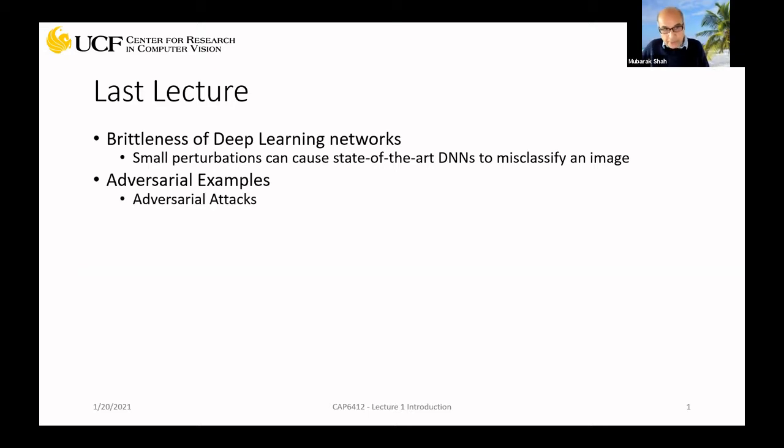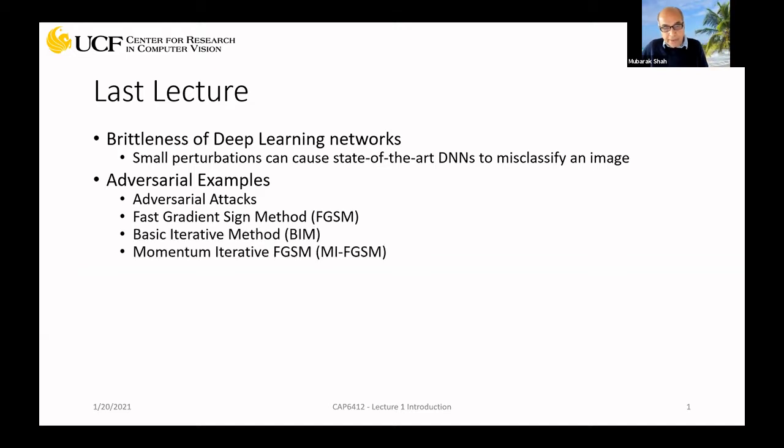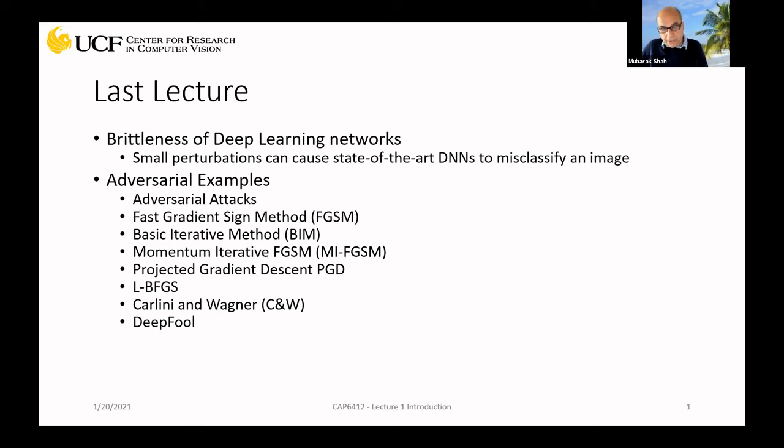So we talked about different attacks, like fast gradient sign method, basic iterative method, momentum iterative FGSM, projected gradient method, L-BFGS, Carlini-Wagner, and also DeepFool. There are lots of different attacks.